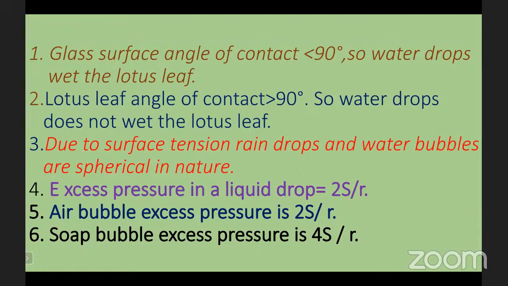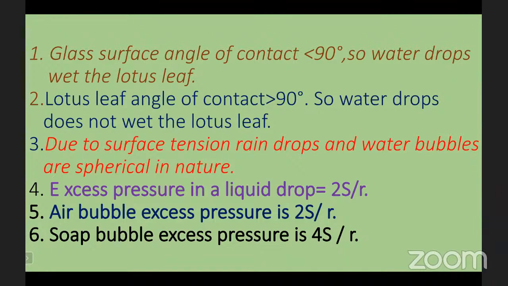Some of the important points for the 2 marks bits. On a glass surface the angle of contact is less than 90 degrees, so water wets the glass. On a lotus leaf the angle of contact is greater than 90 degrees, so the water drop does not wet the lotus leaf. Due to surface tension, raindrops and water bubbles are spherical in nature, and the excess pressure in a liquid drop equals 2S by r.